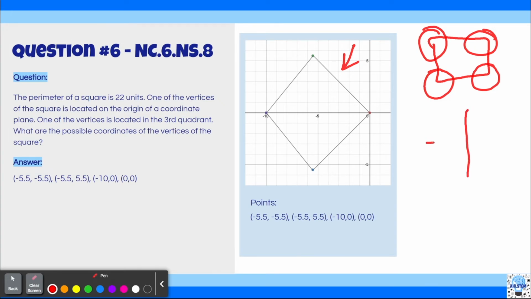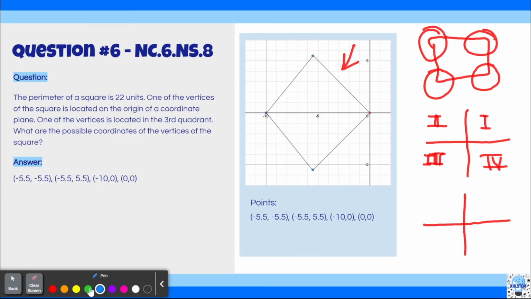Now let's go over our coordinate plane rules. Quadrant 1, quadrant 2, quadrant 3, and quadrant 4. So basically, when following the rules of this problem, we need to have one of the points at the origin, which is 0, 0, and another one of our points in the third quadrant right here.